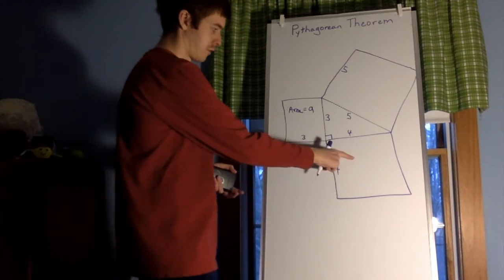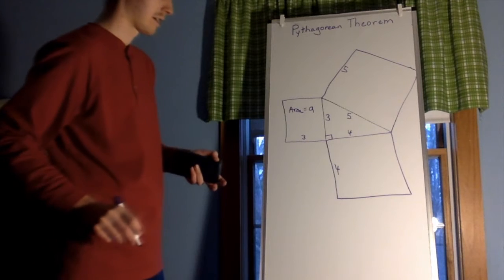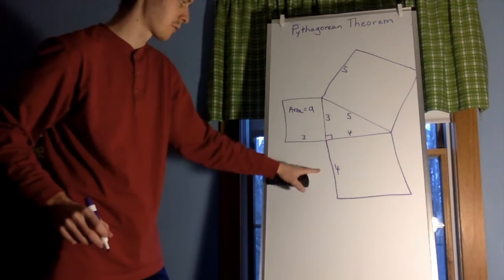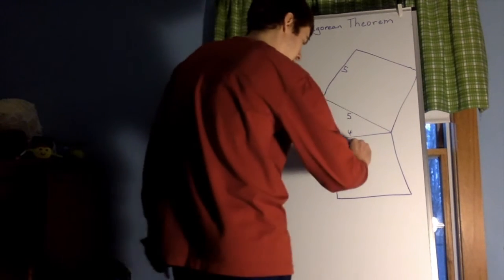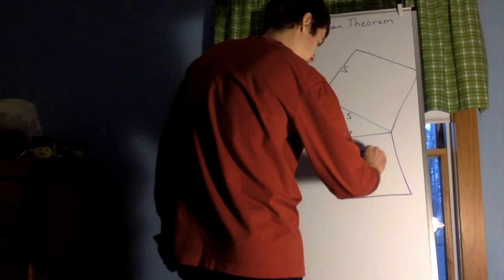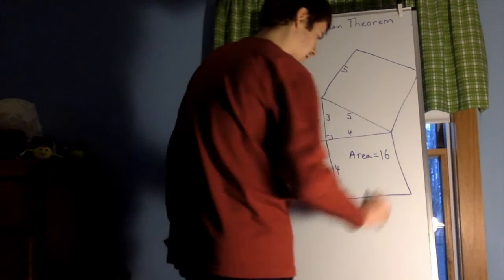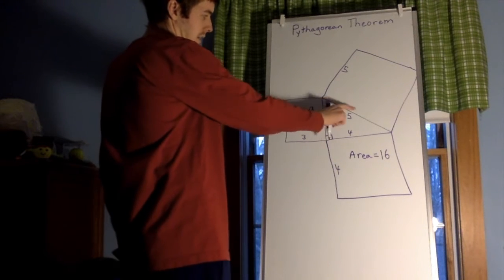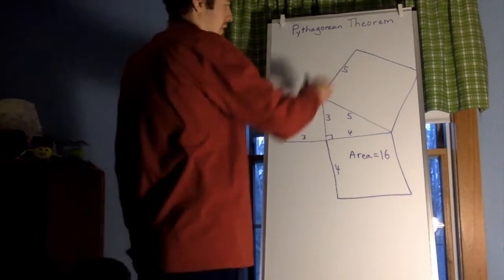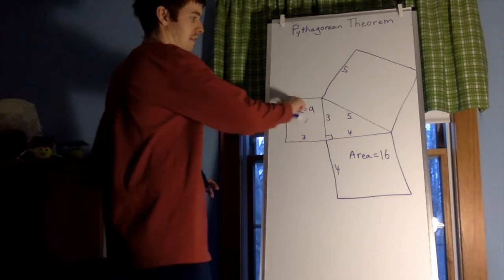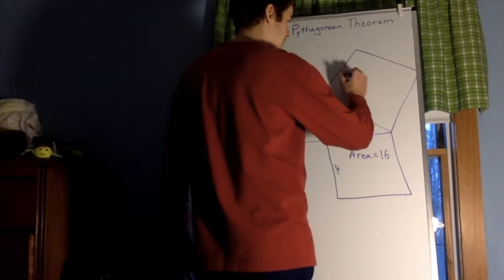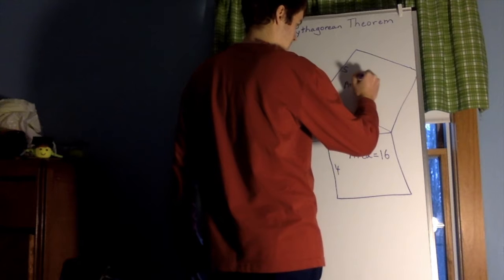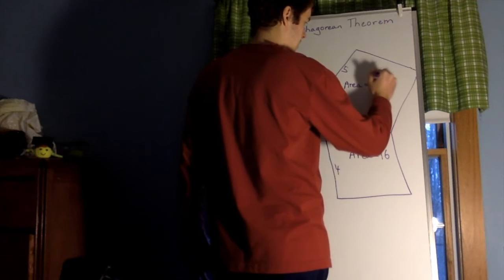For my 4 by 4 square, length times width, 4 times 4, area is going to be 16. And finally, my last one, 5 by 5 square, 5 times 5, length times width is 25. So the area of this one equals 25.